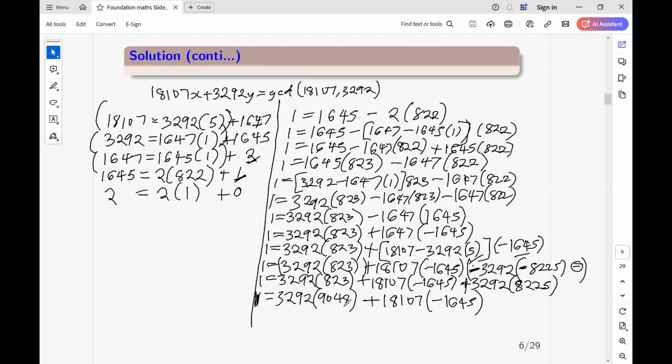Yes, so the value of x is going to be negative 1645. The value of y is going to be 9048. Okay.